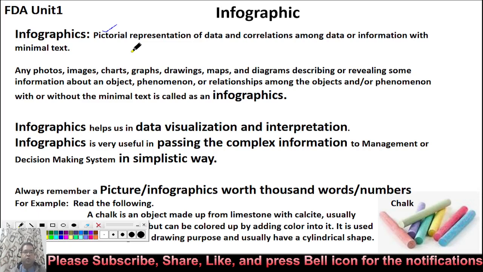So any photo, a single photo or multiple photos, the images are a little bit different than the photos. Sometimes we use the photos and images, but charts, graphs, drawings, maps, diagrams, circuit diagrams, and likewise, which describe or reveal some information about an object, phenomena, or relationship among the objects and or phenomena.